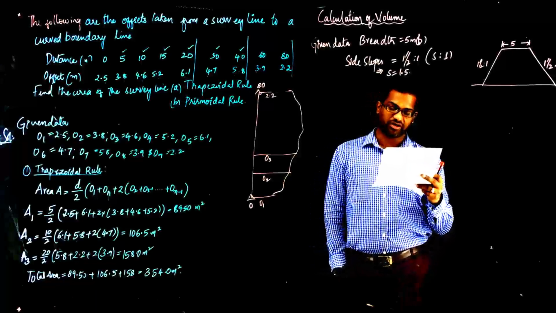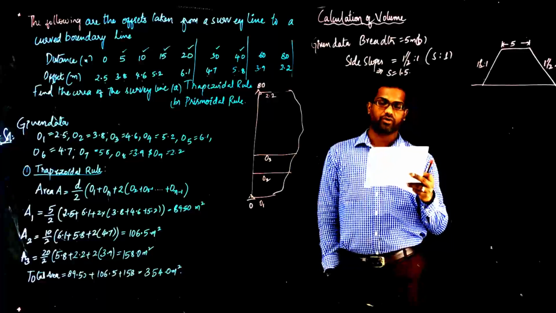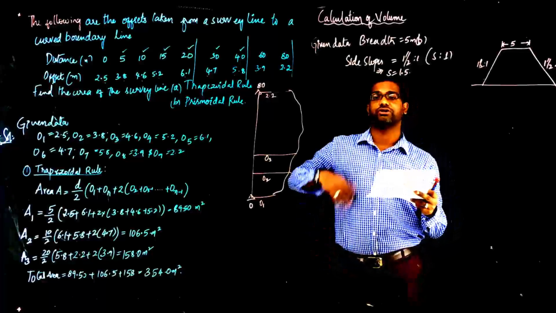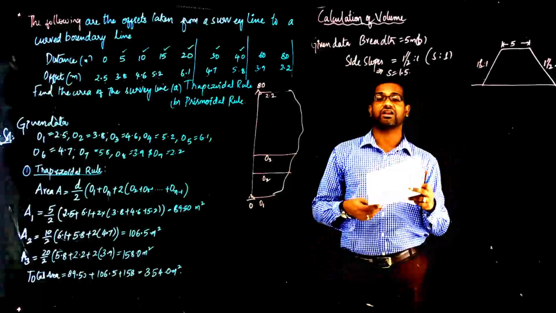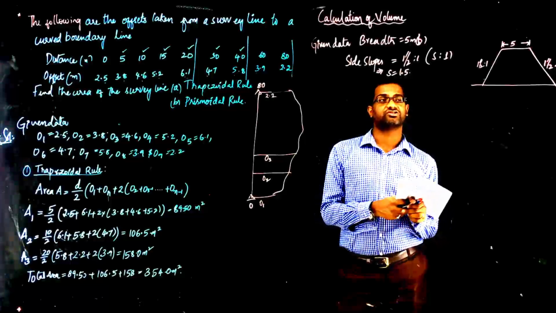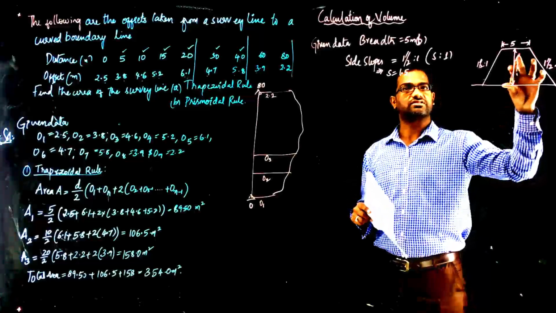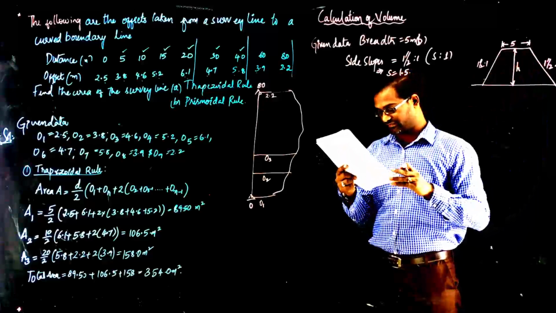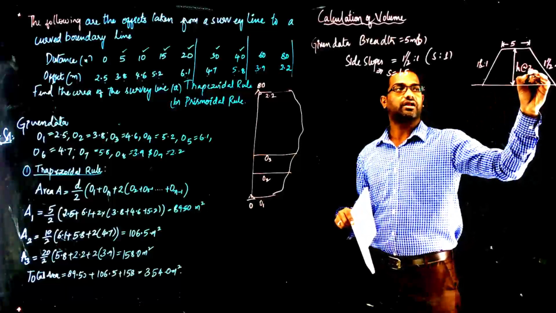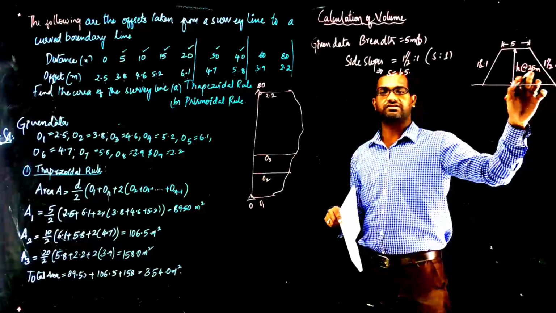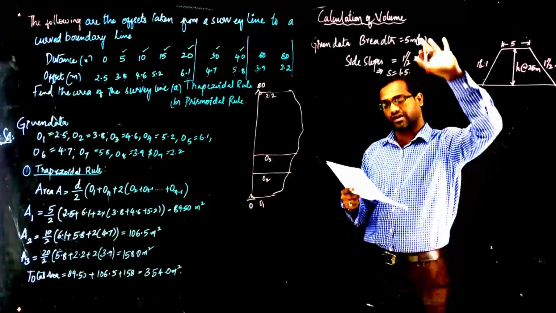The total volume of cutting over a total length of 150 meters, if the central height is taken at 25 meters interval, which means at 0, 25, 50, 75, up to 150 meters.